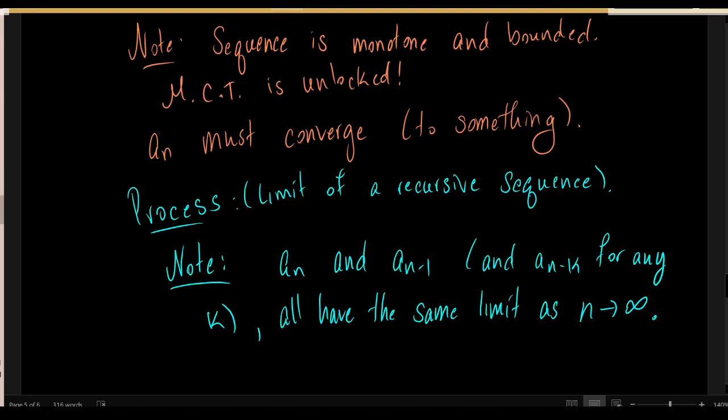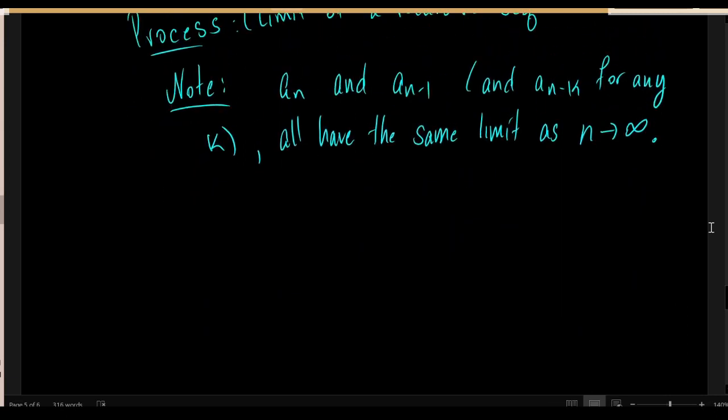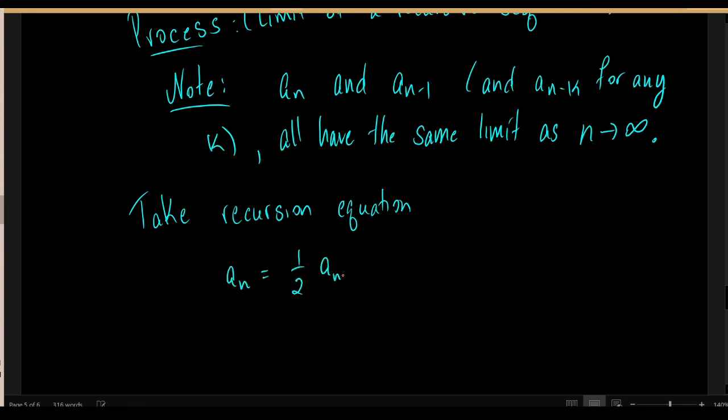So what I'm going to do is take the recursive equation a_n equals 1/2 a_n minus 1 plus 3, and apply the limit as n goes to infinity to both sides.